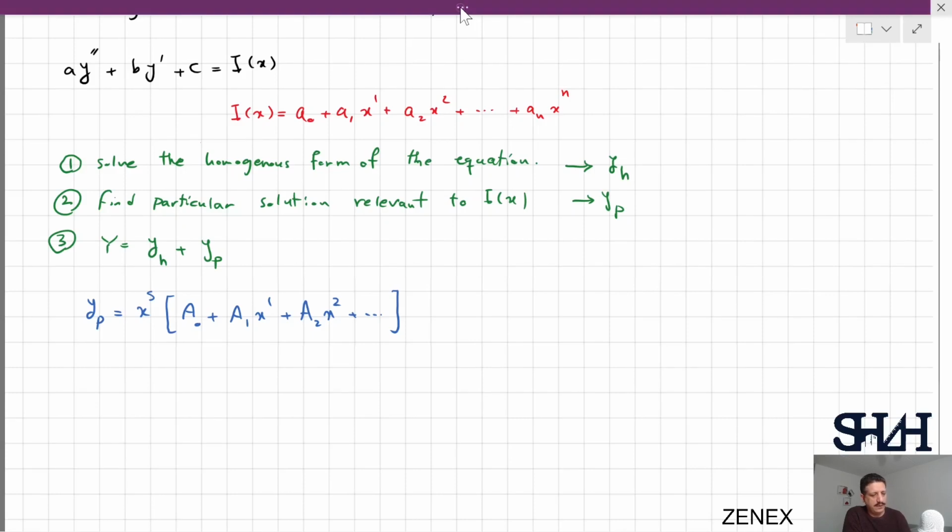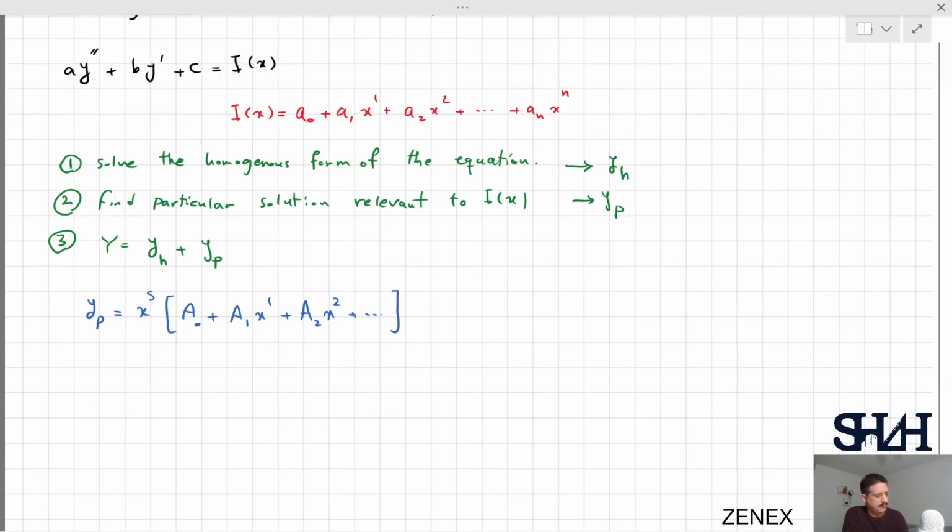So the only thing that we need to find is s. s is the number of zero solutions for the characteristic equation.